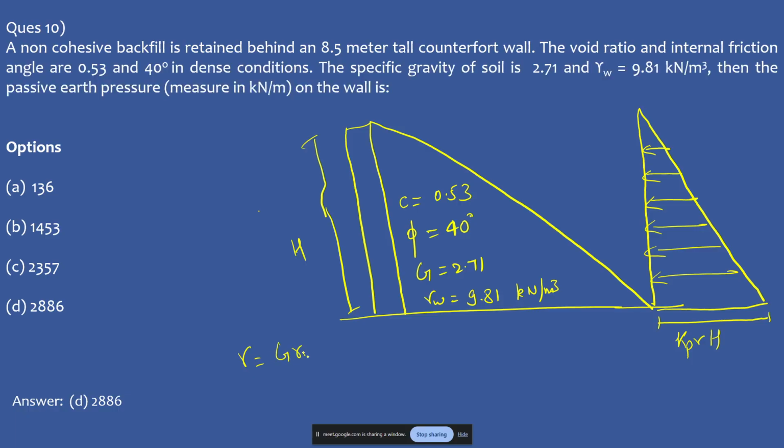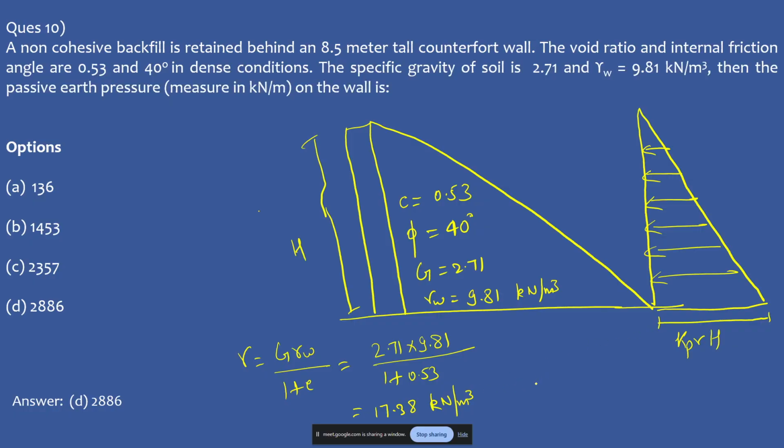It's given by G gamma W upon 1 plus e. Your G value is 2.71 into gamma W, 9.81, divided by 1 plus e, 1.53. So it's basically 17.38 kilonewton per meter cube.